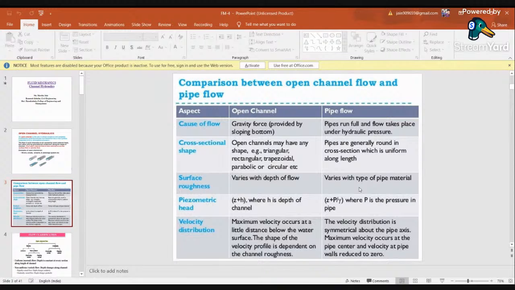When you are talking about an open channel, the flow area is determined by the geometry of the channel plus the level of the surface. But when we are talking about pipe systems, the flow area is fixed and is decided by the dimensions and cross sections of the pipe only.